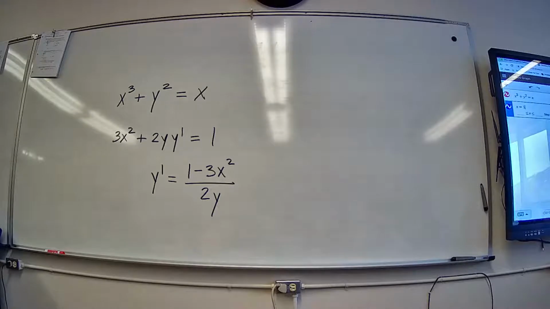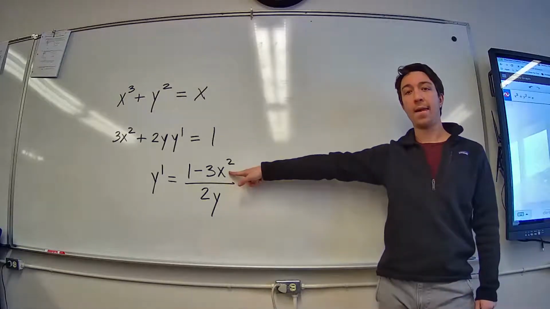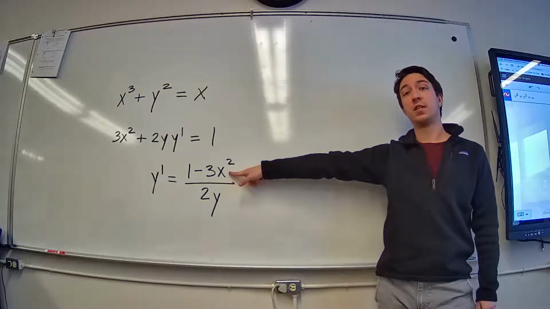And then maybe more interestingly, what's the condition for us to have a horizontal tangent line? X has to be the square root of 1/3.